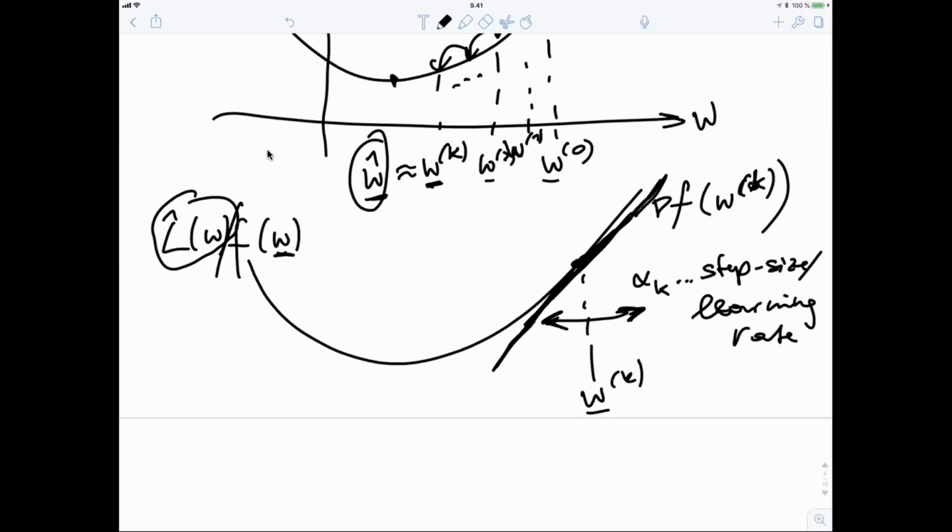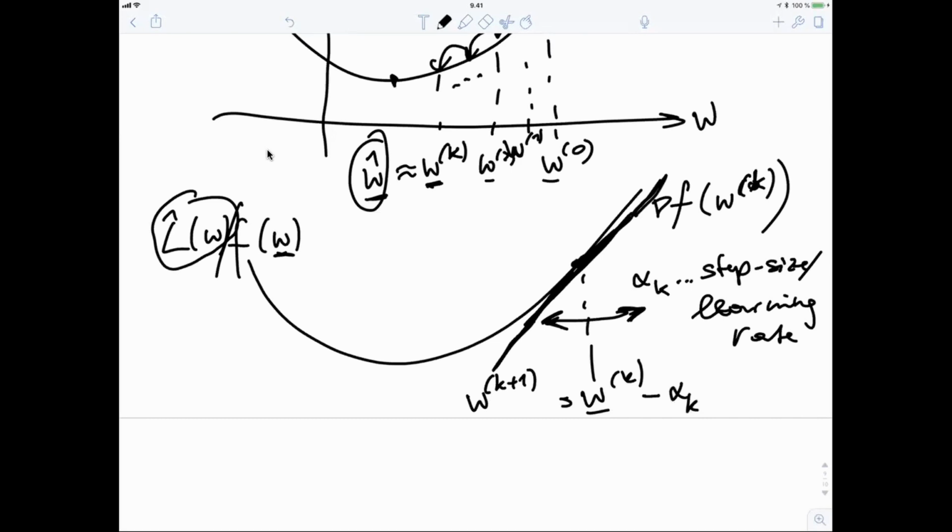This is maybe the most important parameter of gradient descent. So we update the weight vectors. We get the new weight vectors by taking the previous one and minimizing this linear approximation, which is basically going in the opposite direction of the gradient, but scaled by the step size.